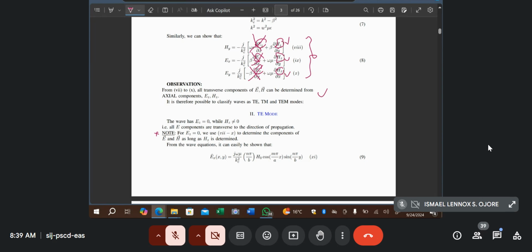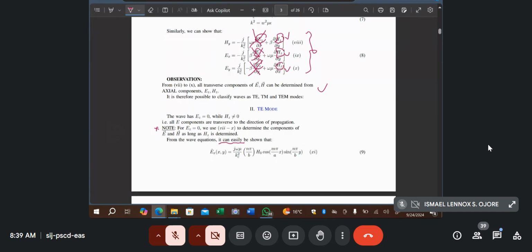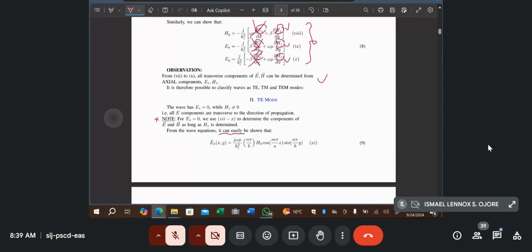After a long computation, it can easily be shown. It's not very easy, but anyway, it's a long process. So you can show that Ex can be written as j omega mu over kc squared into n pi over b H naught cosine of m pi over a x sine of n pi over b y.